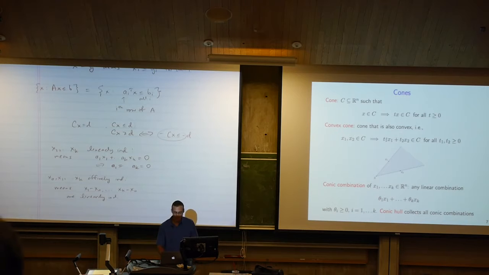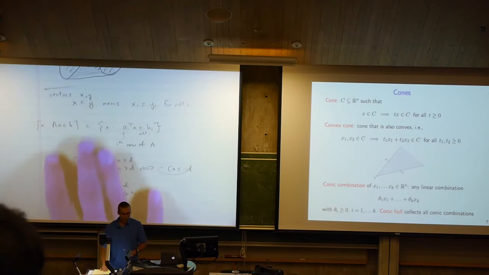Here's an example of what that looks like pictorially. If I have points x1 and x2, this gray area, extending out this way, is all linear combinations of x1 and x2 with non-negative weights. So that's a cone containing x1 and x2.